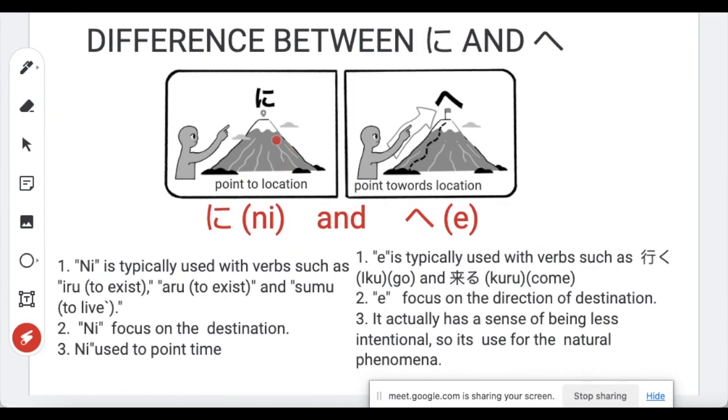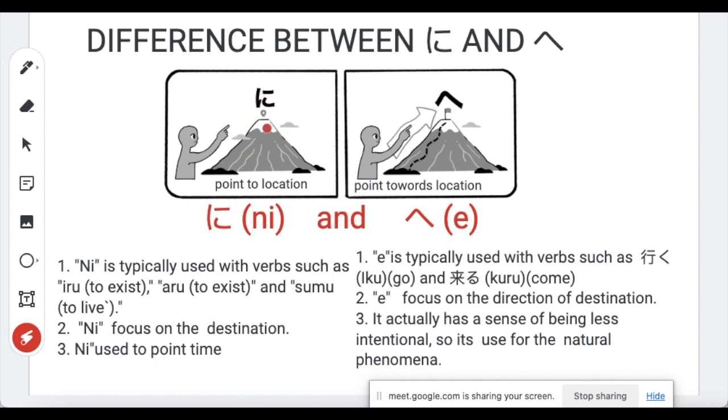Difference. So what is the exact difference when both are used for direction and destination? Okay, can you see this picture? Ni, it is pointing to the location, a specific location, but here we are using one arrow pointing to this location. It means we are saying towards the location, right? And this is pointing to the location.